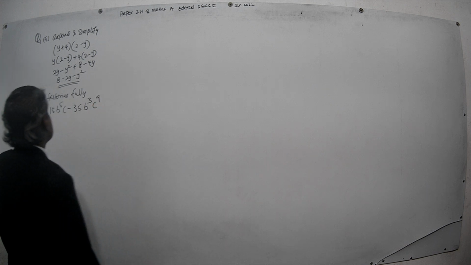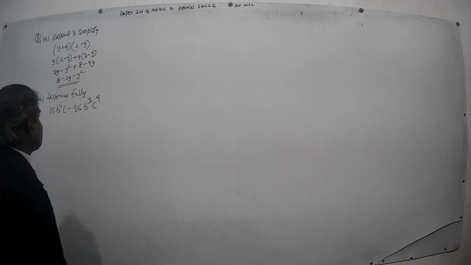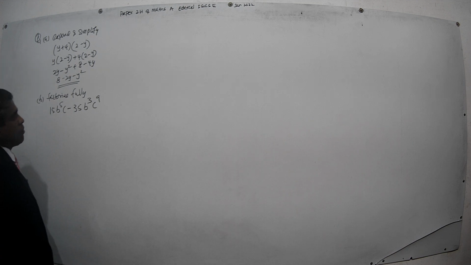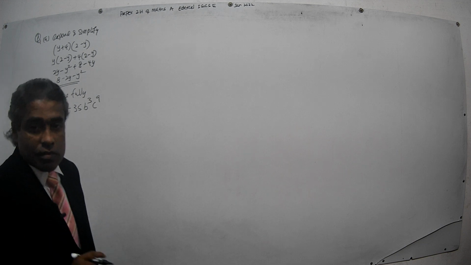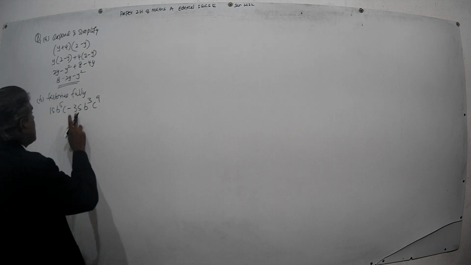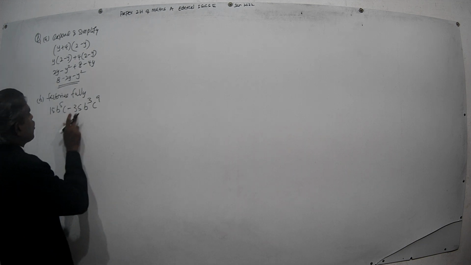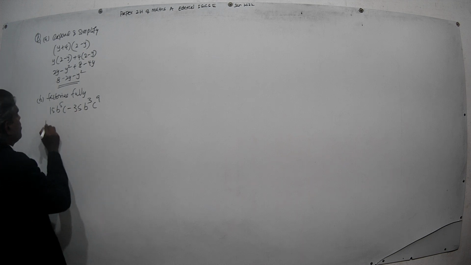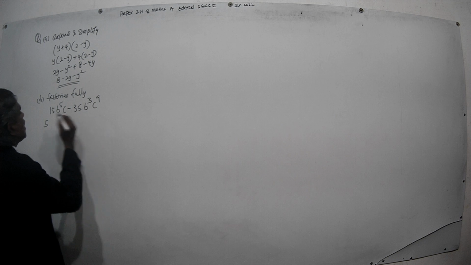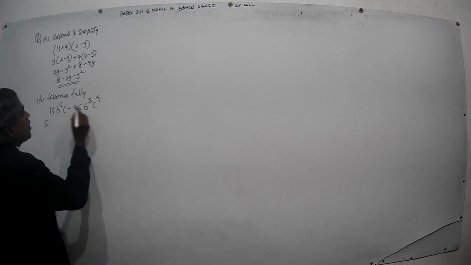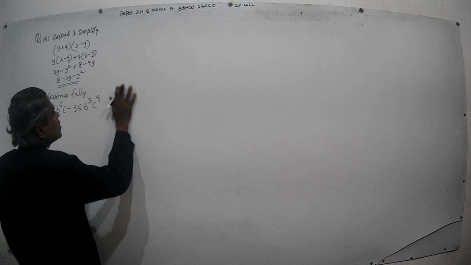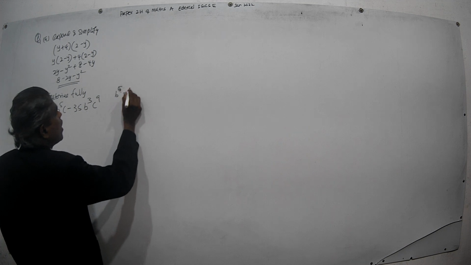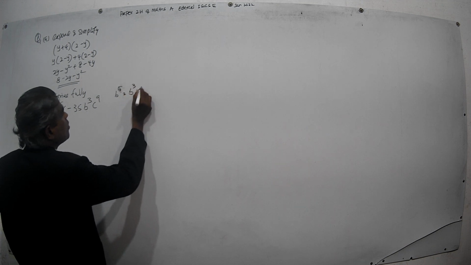So this is the expression to be factorized. Here 15, here 35. For 15 and 35, what is common? 5. Take it out. Then for b to the power 3 and b to the power 5, you can write b to the power 5 as b to the power 3 into b to the power 2.